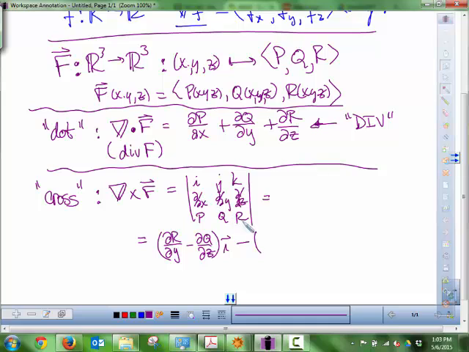And cross out the j, I need to take the derivative of R with respect to x minus the derivative of P with respect to z. And then the k component is the derivative of Q with respect to x minus the derivative of P with respect to y.